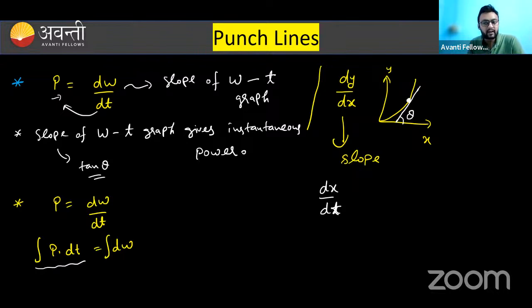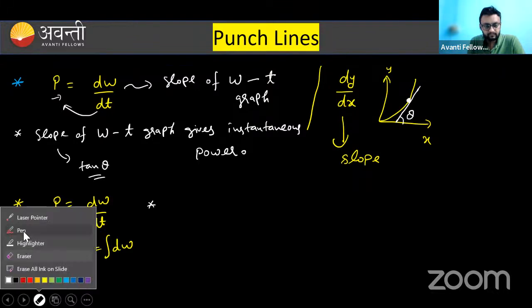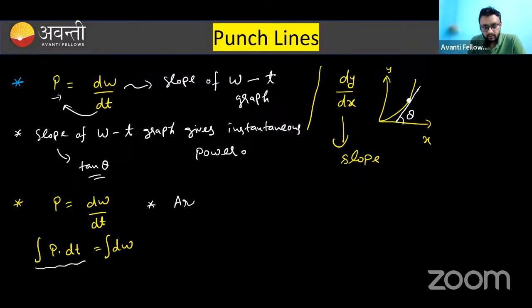Area under the power-time graph gives what? Work done. So the second important point is: area under the power-time graph gives work done.